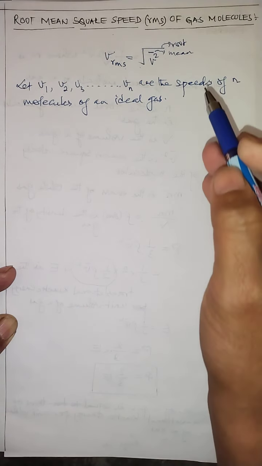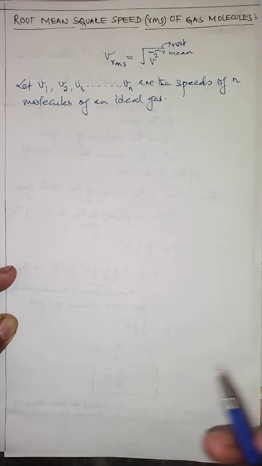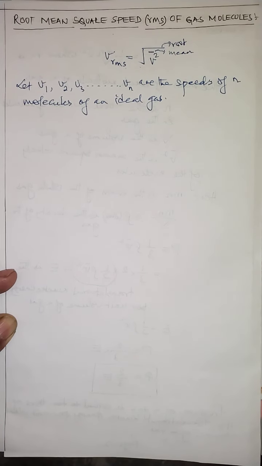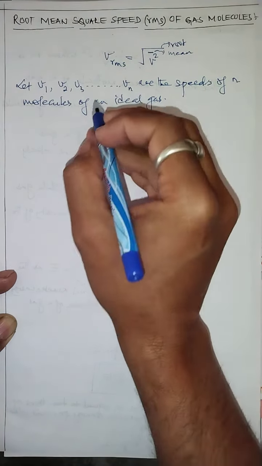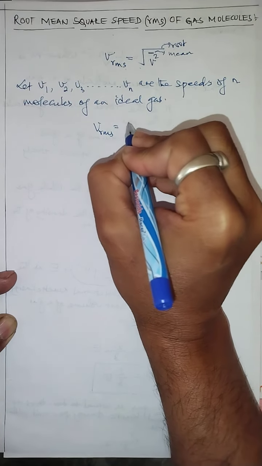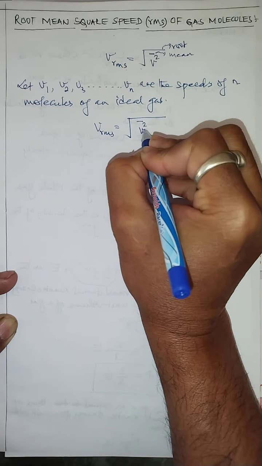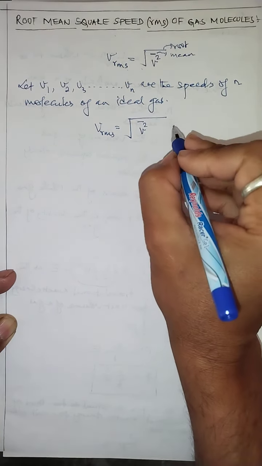Now if there are n molecules, then all the molecules have a speed. This relation which I have already written, v RMS, the RMS speed of the gas, is equal to the square root of the mean square velocity. But children, look at this.